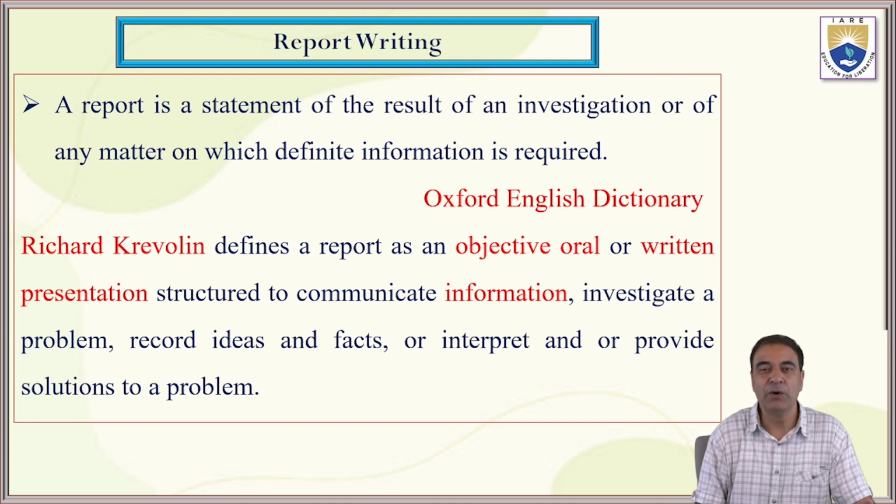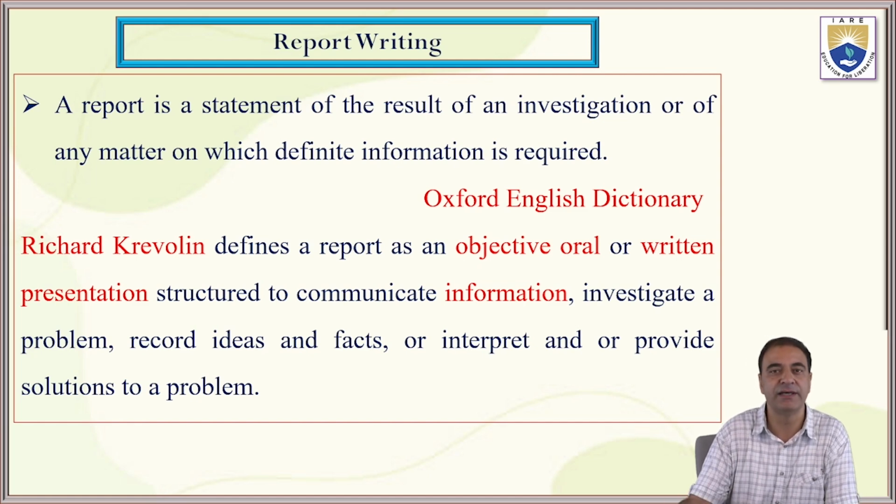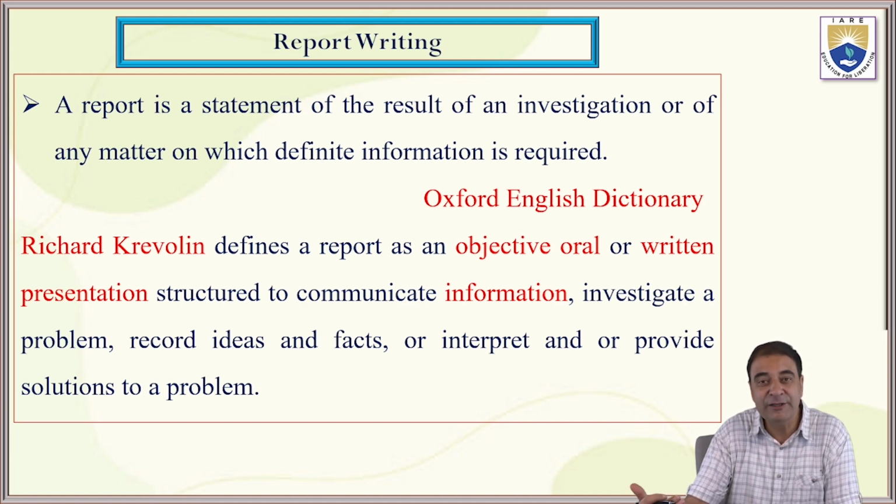But the important point you need to remember here is that a report is an objective piece, unbiased, not subjective. Here we can't take the freedom to express one's thoughts, one's ideas. That's why we often say don't use first person pronouns in a report, and that too mainly in newspaper reports.